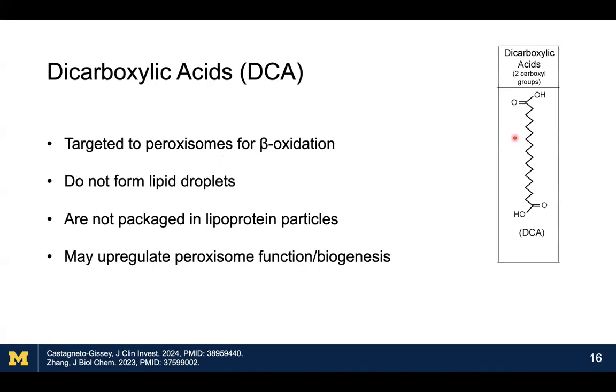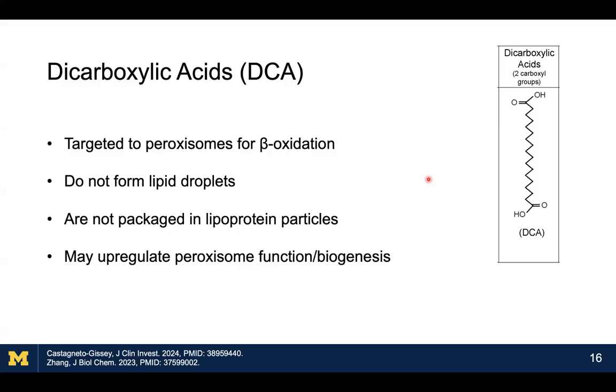So dicarboxylic acids, again, have a carboxyl group at both ends of the fatty acid. They are targeted to the peroxisome for beta oxidation. They do not actually form lipid droplets when we get them in our diet, and they're not packaged into lipoprotein particles. So they're really funky.